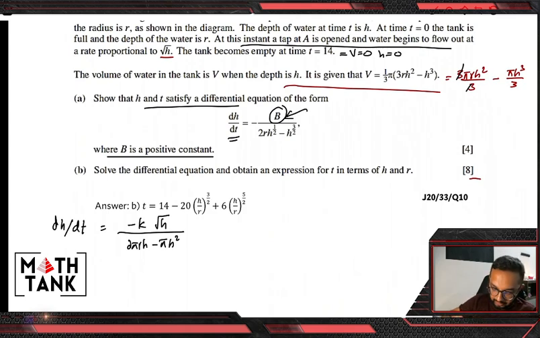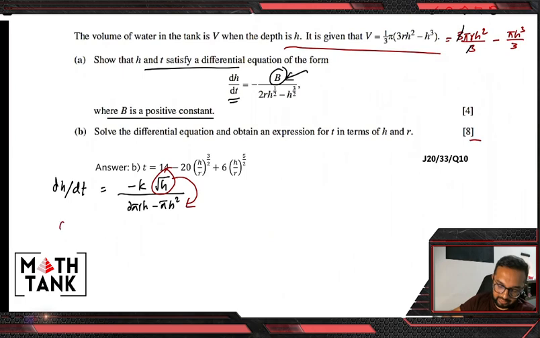So I need to somehow move this root h into the denominator. The easy way of thinking about this is that if you notice there's a minus here, I can take this minus and put it outside here, so that gets rid of that.